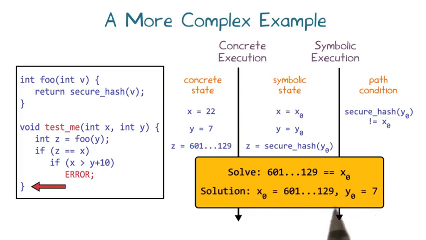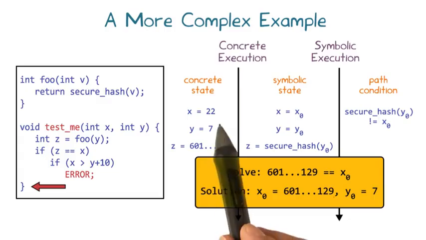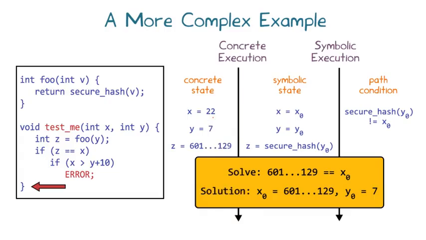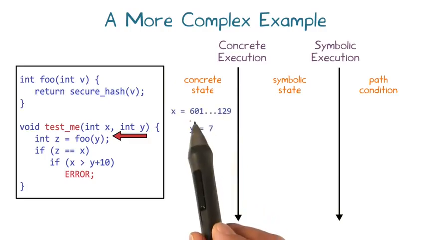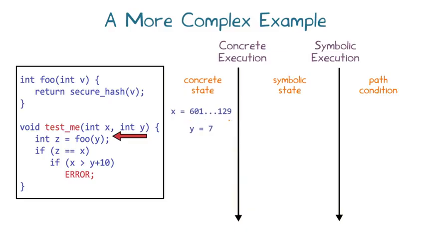Just take x equal to that number. Note that it wouldn't work to plug in 22 for x0 and then solve for y0, as secure hashes are deliberately difficult to invert. Dynamic symbolic execution re-evaluates the testme function using these new concrete inputs. x equals 601...129 and y equals 7.